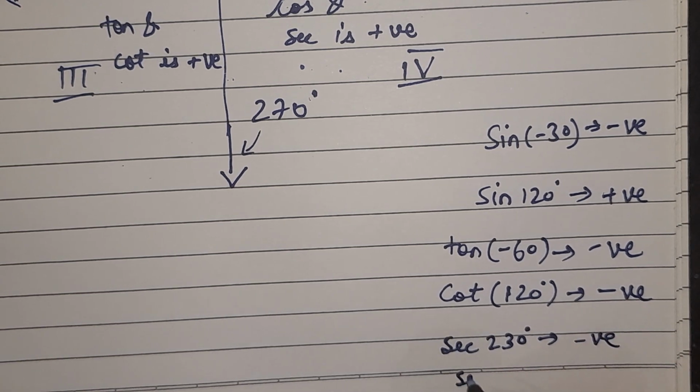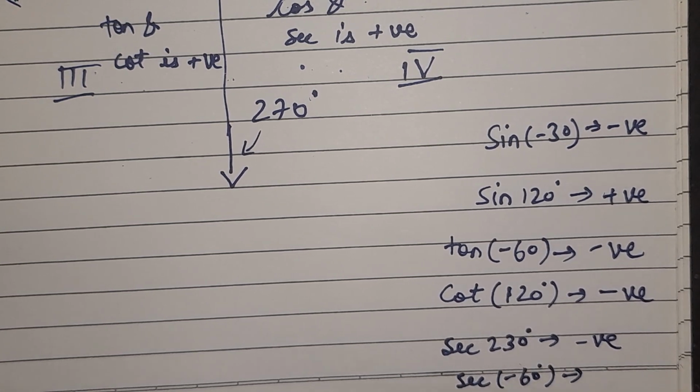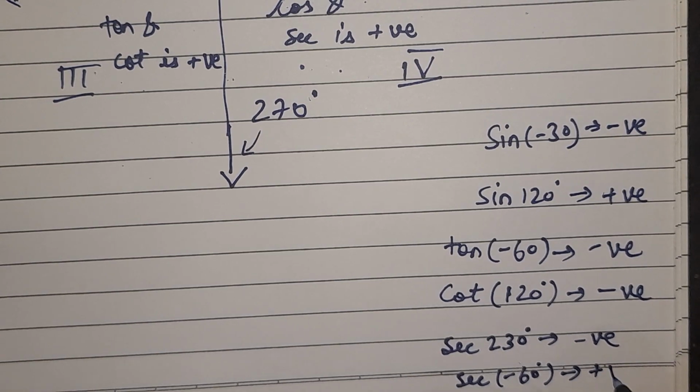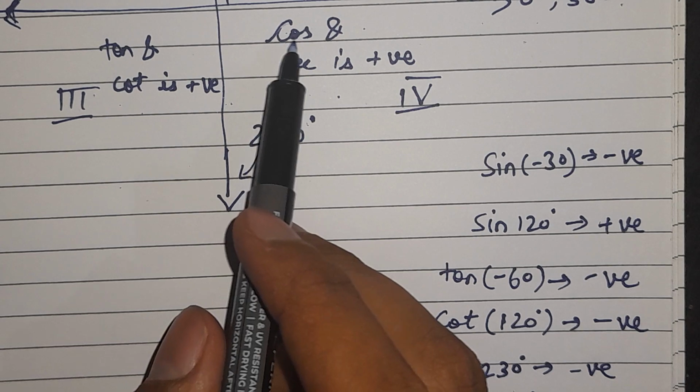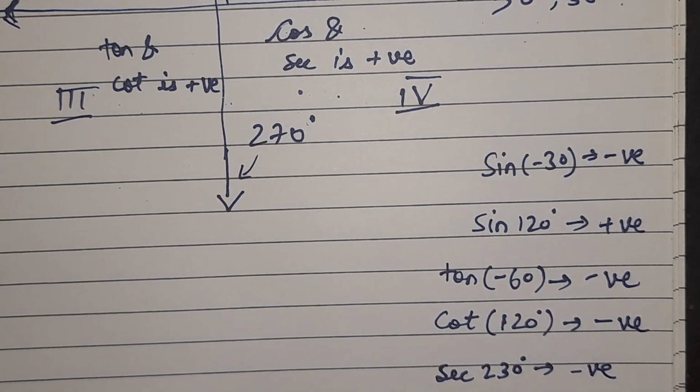Sec minus 60 is positive, because sec minus 60 lies in the fourth quadrant, and in the fourth quadrant the sec value is positive. So similarly, cos minus 60 will also be positive.